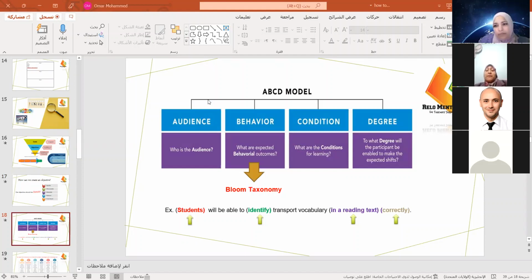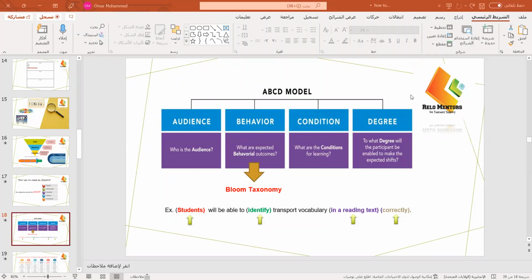You can share yes or no in the chat, or give us a thumbs up. Okay, I think most of us know the ABCD model. We are working on our objectives through this model, but we may not know that this is the model. When forming the objective, we should have four elements, beginning with A, B, C, D.